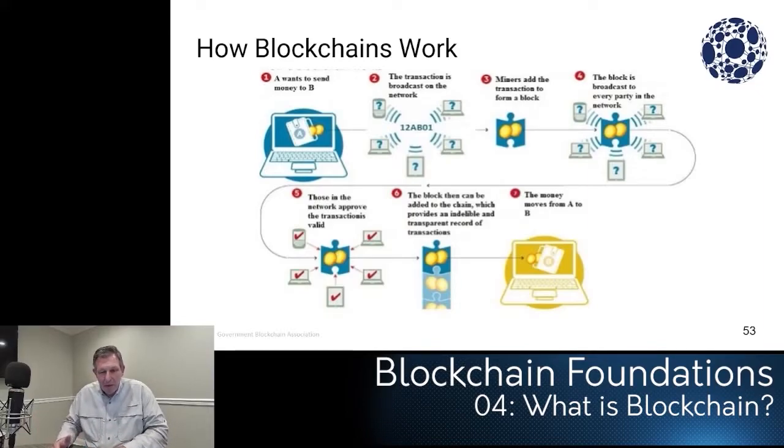When 51% of the nodes or the miners say yes, that's correct, they all check, check, check, check. They'll all take that block with the transactions on it and add it to their copy of the blockchain. So now everybody in the network will have the most recent copy of the blockchain with all the transactions.